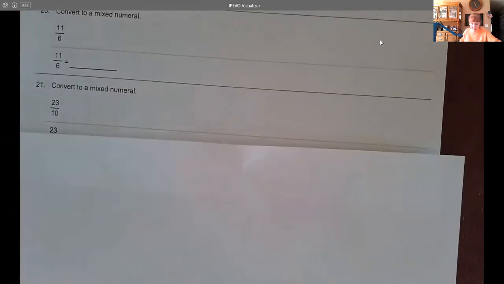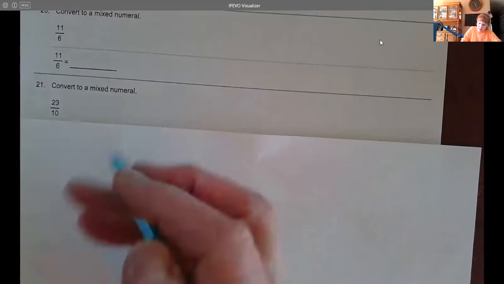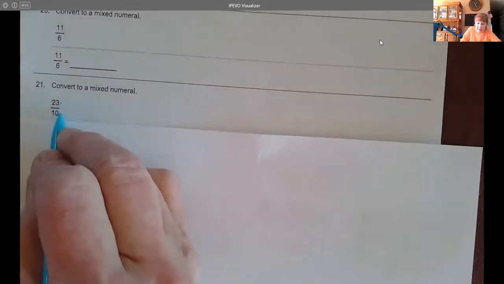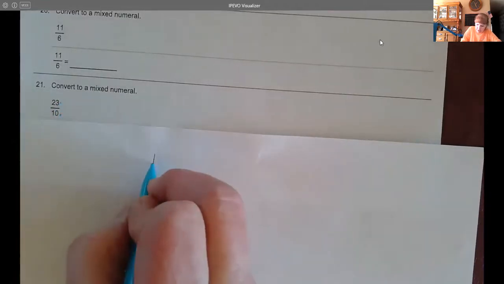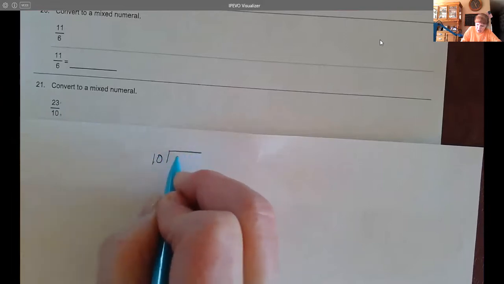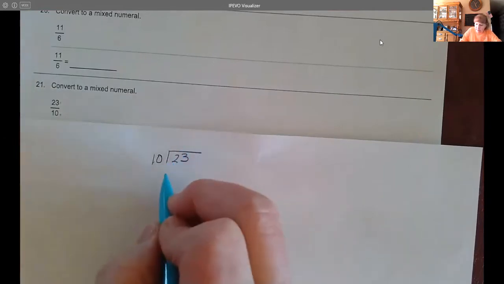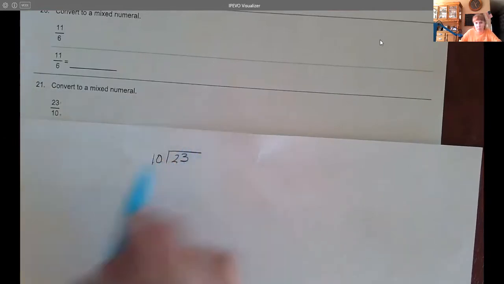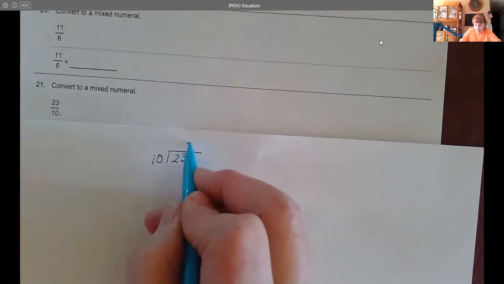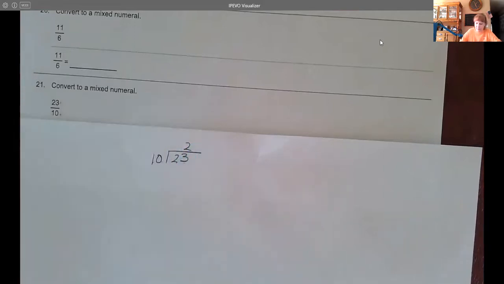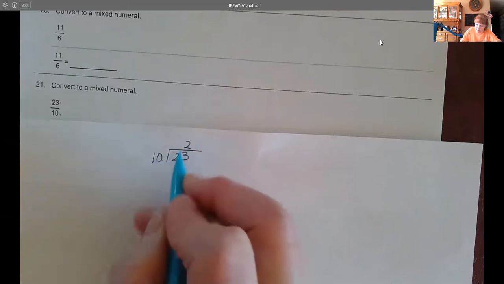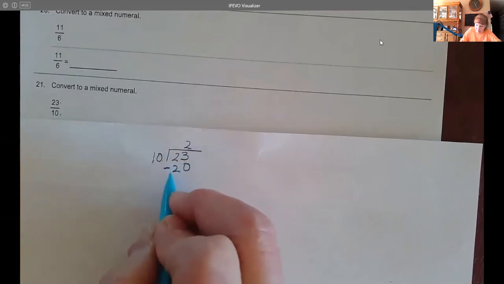Number 21. So we've got 23/10. So we're going to change it. So we're going to use division. The top number always goes in the box, always. So how many times can 10 go into 23? Twice without going over. 2 times 10 is 20. Subtract them.